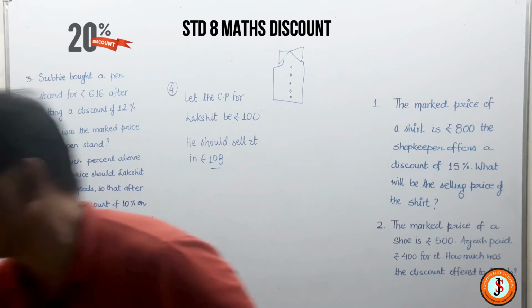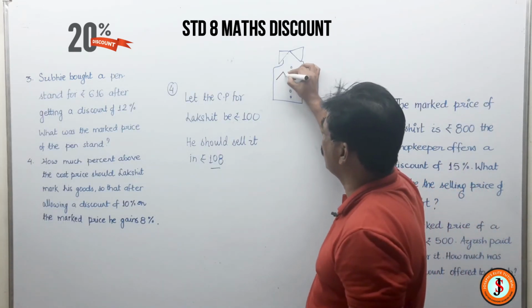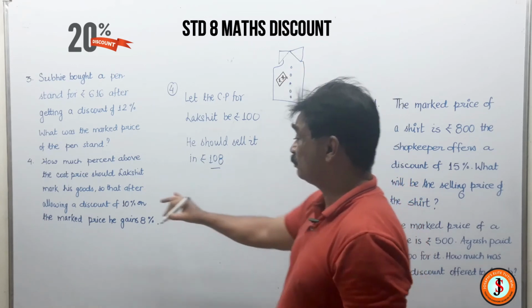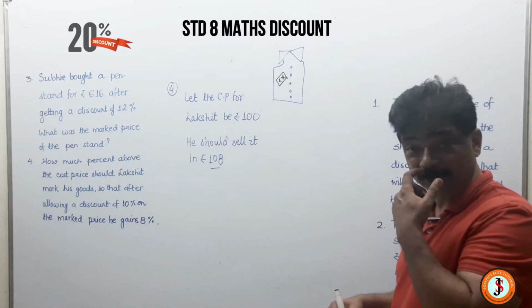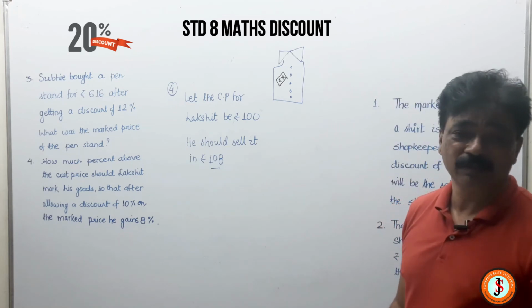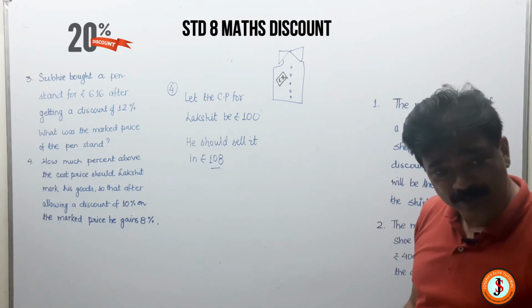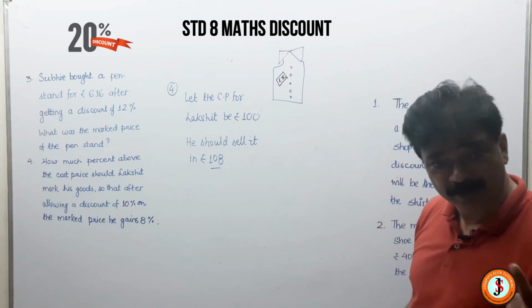Now he has to put a price. He will put a price of rupees X, and he has to give a discount of 10%. So after giving the discount of 10%, the selling price of the shirt should be 108. He should be getting the cash in his hand 108.